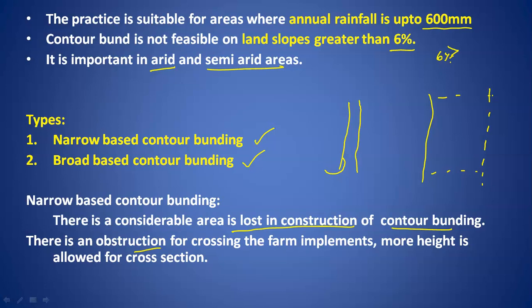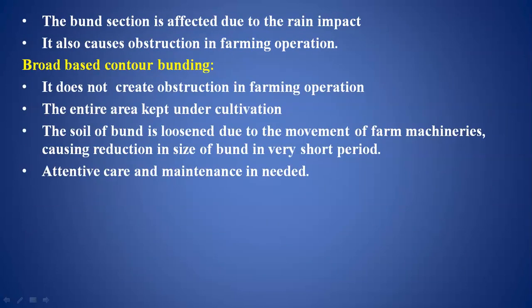More height is required in narrow-based contour bunding, so it is preferred in areas where a large amount of land is available and there is no frequent cultivation. Also, when the rainfall is over, the bund is easily affected because of its narrow condition; the impact of raindrops reduces the height of the bund.